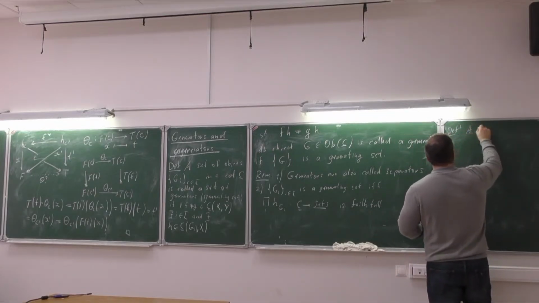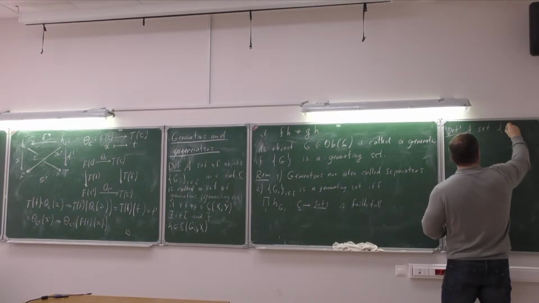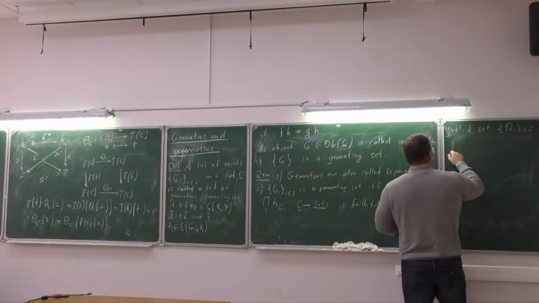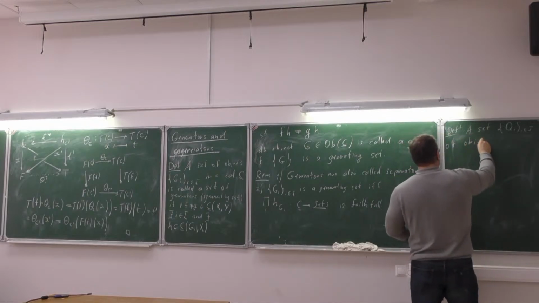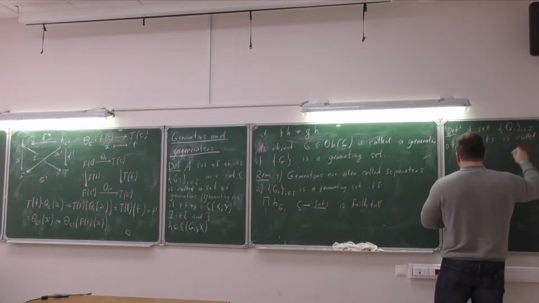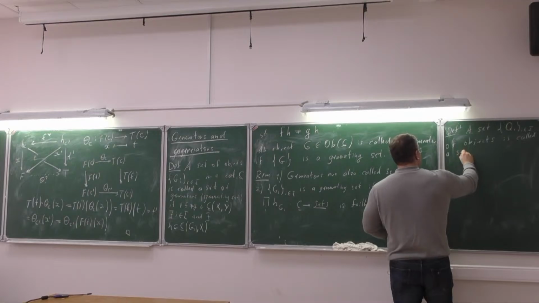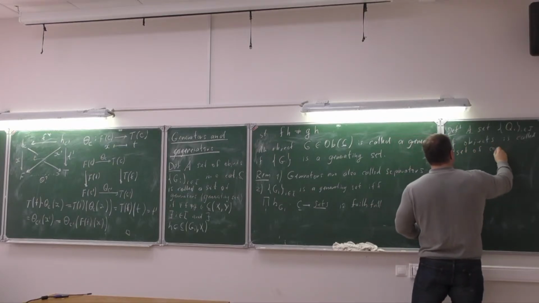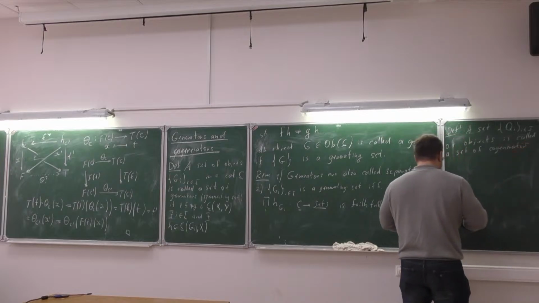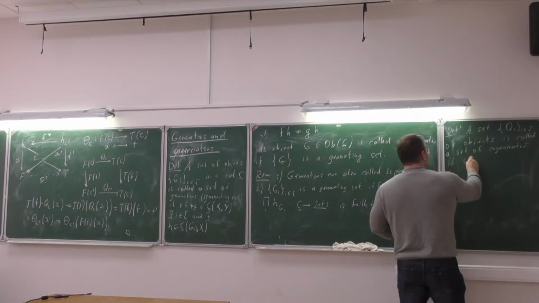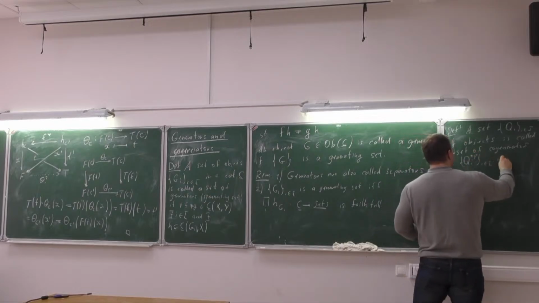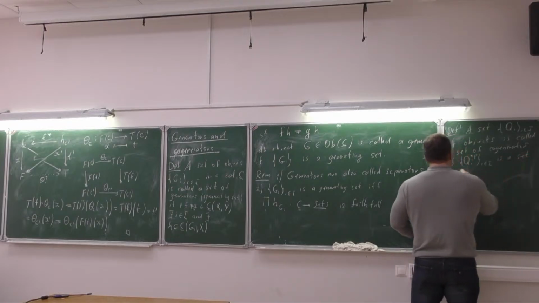A set, now let's call this Q_i, a set of objects is called a set of cogenerators if Q_i opposite is a set of generators.